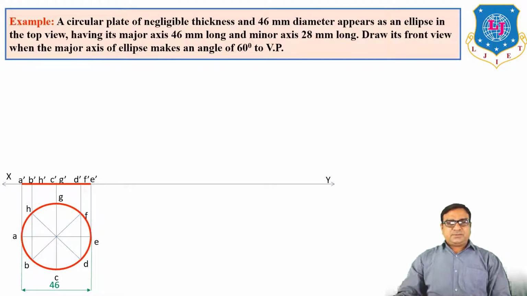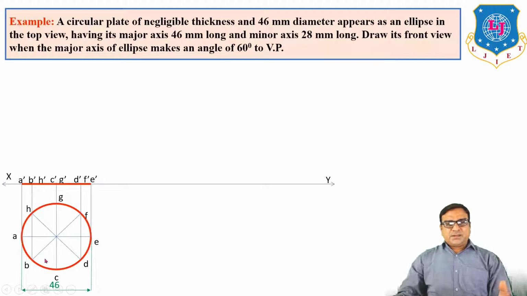shape. Now the second stage is when the surface is inclined to HP in such a way that the top view becomes an ellipse. Here we don't know the angle of the surface with the horizontal plane, but we know that when we incline the surface with HP, the top view becomes an ellipse.